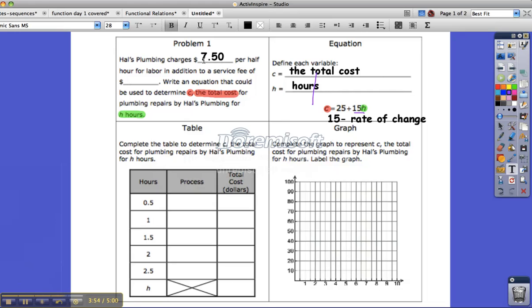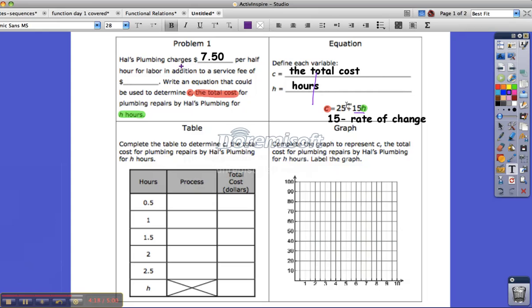So let's look back at the situation. It says House Plumbing charges $7.50 per half hour for labor. In addition, in addition means to add. I'm going to put a plus right here. In addition to a service fee of blank dollars. Well, what would that service fee be?